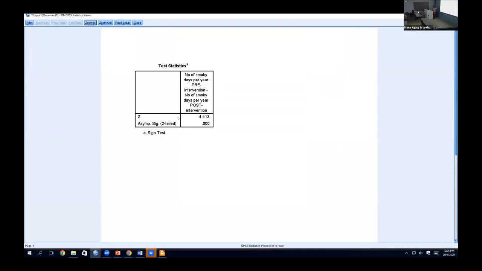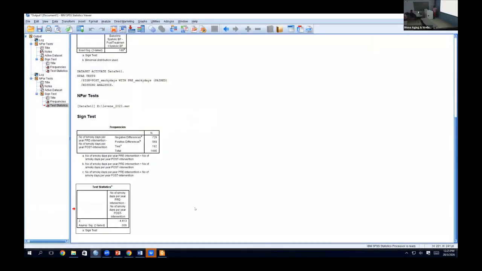So what it did, it used the z distribution because the sample size is very large. So the z-value is negative 4.413, and the p-value is less than 0.001. So this is saying what?